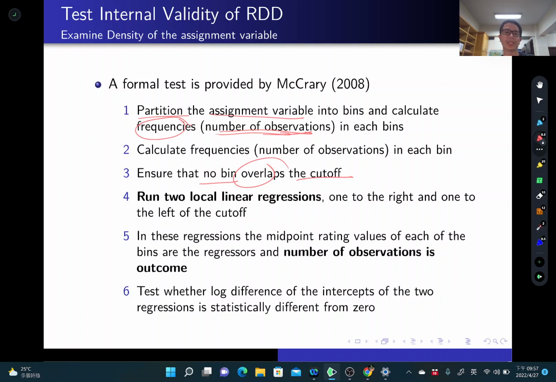And then you run two local linear regressions, the RD estimation, but now you use the number of observations in each interval as the outcome. You want to know whether the number of observations just above the cutoff and just below the cutoff have any significant difference or not.